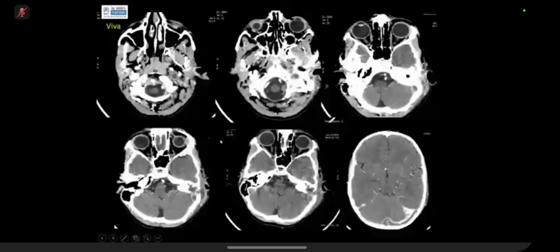So these are still images of the contrast enhanced CT images of the base of the skull and lower parts of the brain. There is a low density filling defect seen within the sigmoid sinus, and there appears to be bony irregularity and disruption at that area.